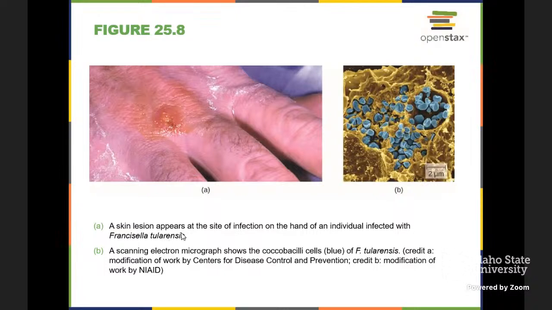Bad news. This is a bacterium that is pretty common in the environment. It's found in rabbits, and oftentimes we see infection in individuals that go out and hunt rabbits, skinning them, potentially like contracting anthrax as you're shearing sheep or something like that.